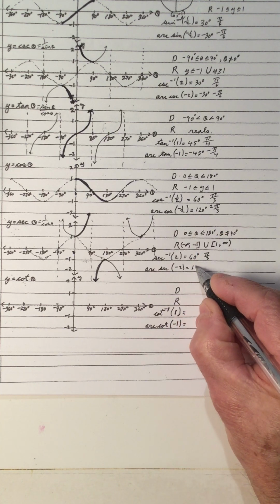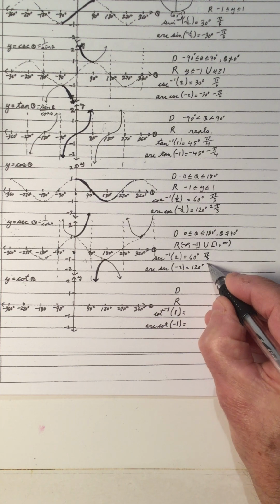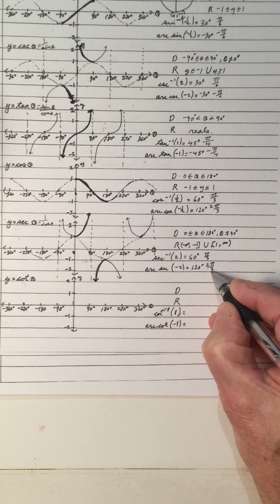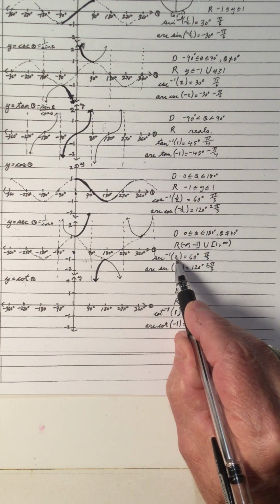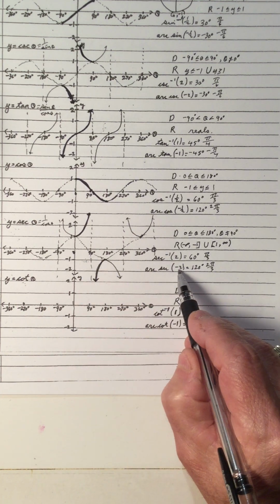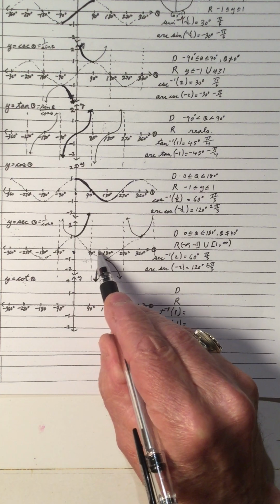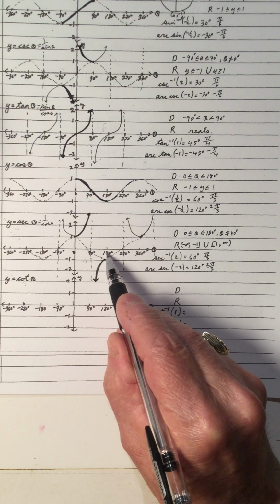So we get 120, and that's 2 pi over 3. So again, notice when it's positive, we pick the angle from the first quadrant, from 0 to 90. When it's negative, we pick the angle from 90 to 180.